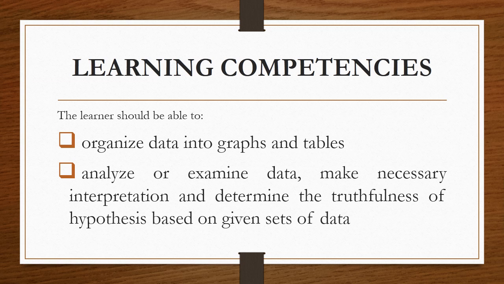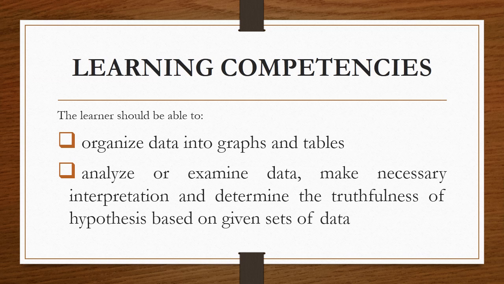Now, if you could observe that there are 10 learning competencies, so meaning to say, it would be a hard time for you guys to do this, especially that this is now the third quarter. And for you to be able to make all of this, you have to always put in your mind, apply the scientific attitudes.